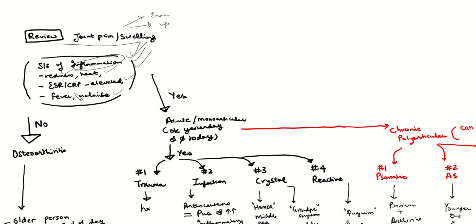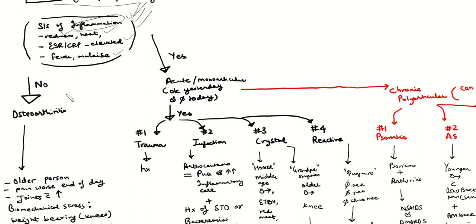If the question doesn't give you, or the question says explicitly there's no fever, malaise, ESR-CRP is normal, and there's no redness or heat with the swelling, then guess what? This is not inflammation. So first decision tree, your joint pain and swelling, is it inflammatory in nature?